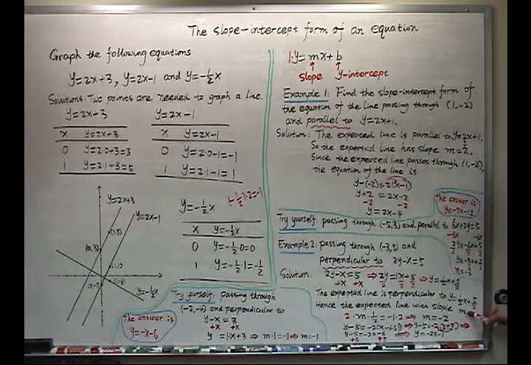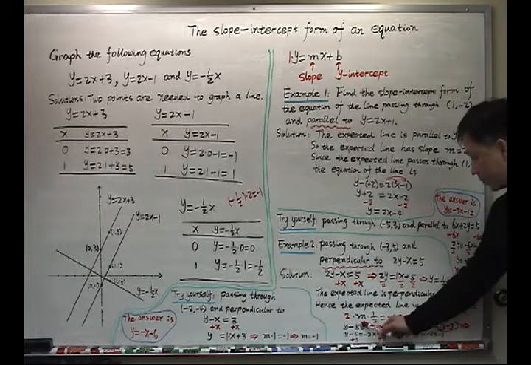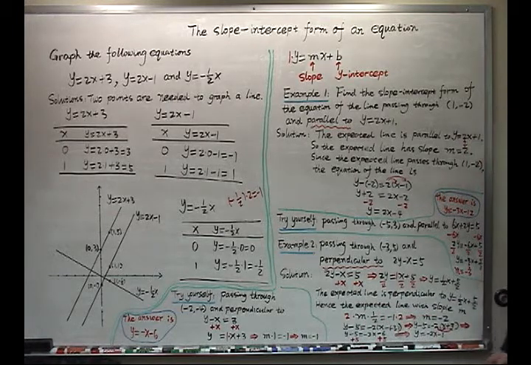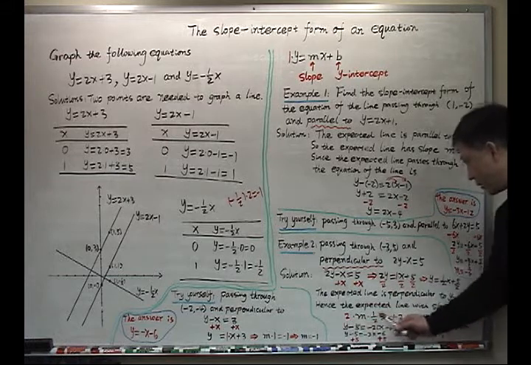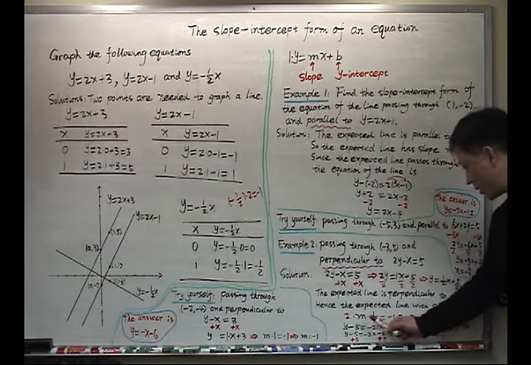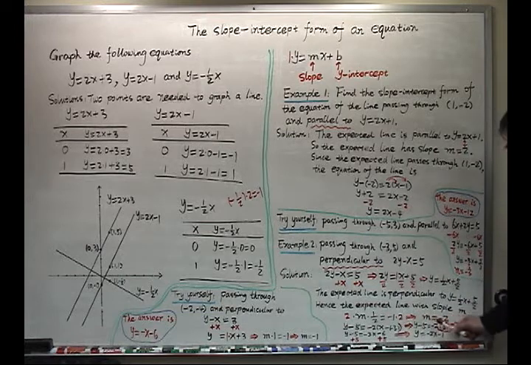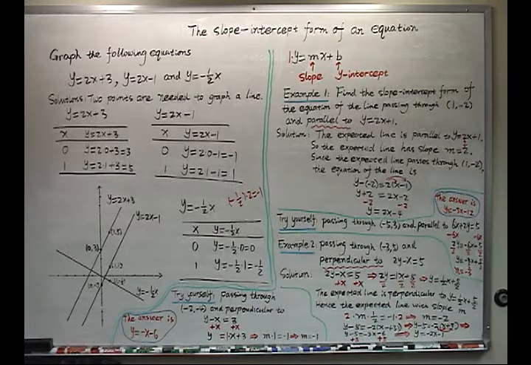That means m times 1/2 is negative 1. If you multiply by 2 on both sides, the 2s cancel each other, you have an m left on the left-hand side. Negative 1 times 2 is negative 2, so m is negative 2. That's the slope of the expected line.